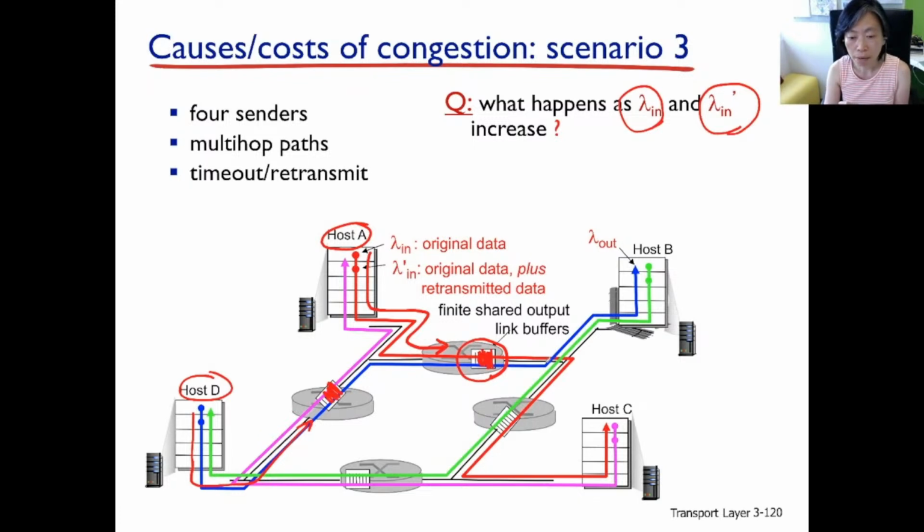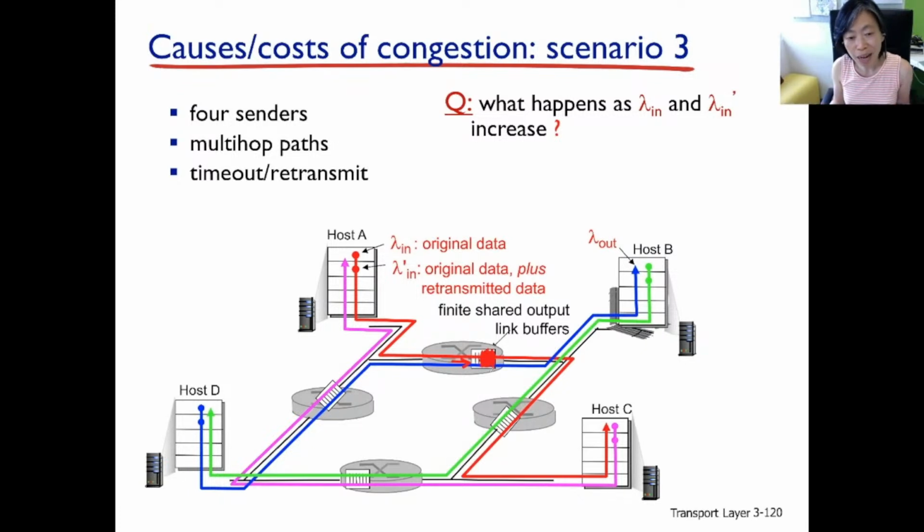After a while, the red packet is going to come out and enter the second hop. Just like that, the blue packet is going to come out and enter this router here at the top. And the blue packet will be coming in to compete with the red packet that is already occupying most of the buffer space. So this is already pretty full when the blue packet just arrived.